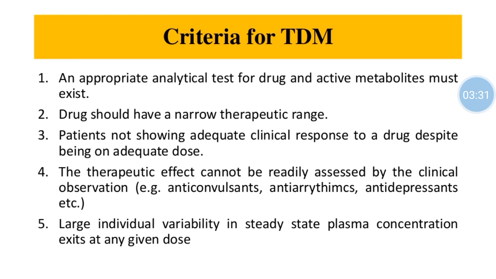Any dose means low dose, middle level dose, loading dose, large dose, small dose, all types of dose, but every dose can produce a steady state plasma concentration, meaning the plasma or blood concentration will be steady, not rapidly increased or rapidly decreased. So in that condition we can check therapeutic drug monitoring cases.